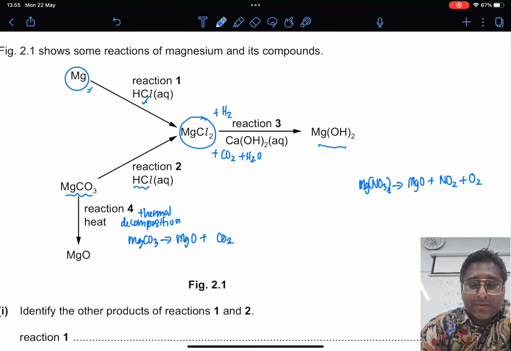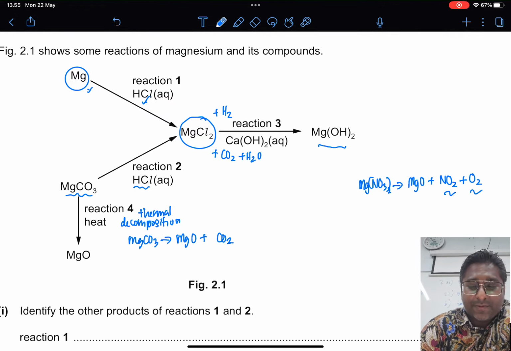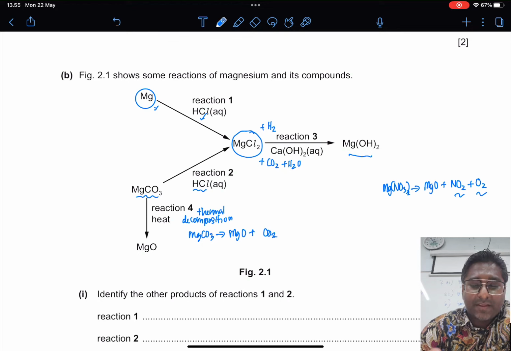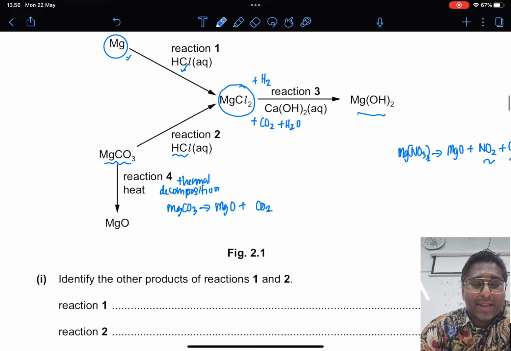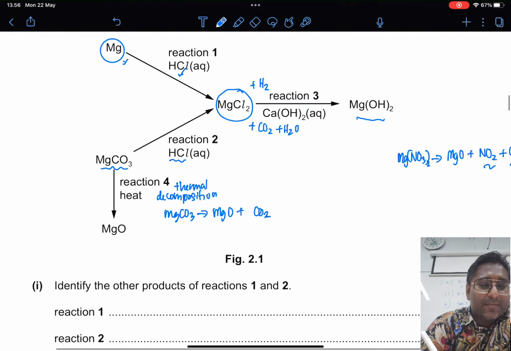So please take note of this balancing, you can do it yourself. But if nitrate, then you have the magnesium oxide, nitrogen dioxide and oxygen gas, not nitrogen gas, nitrogen dioxide. So here, identify the other products of reaction 1 and 2. So we already have reaction 1, magnesium chloride, plus what?